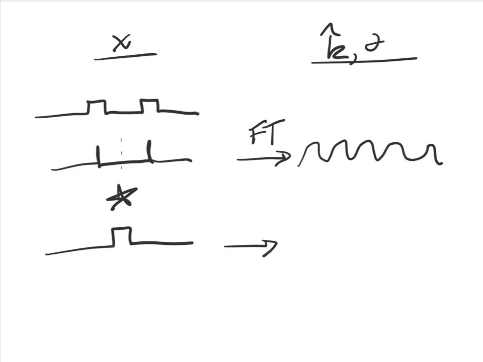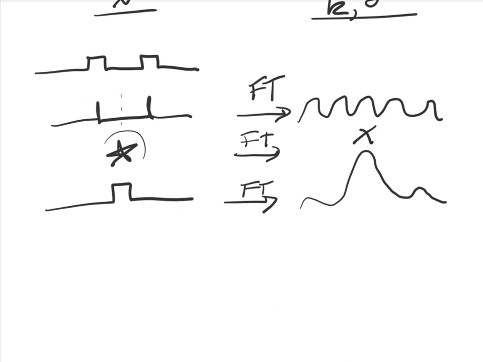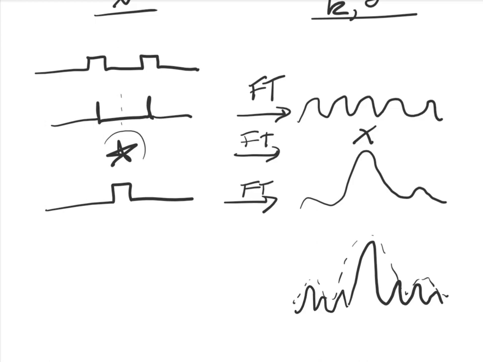And the Fourier transform of a square is a sinc. And that convolution in space is going to turn out to be a multiplication in spatial frequency. The result of the multiplication of the cosine and the sinc is just what we talked about before: cosine multiplied by sinc envelope.